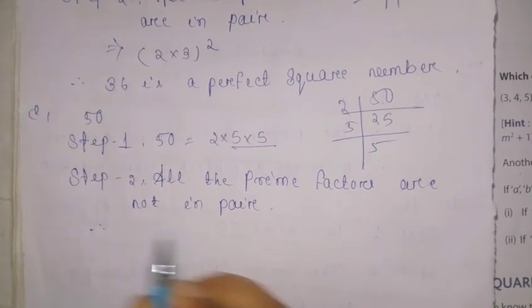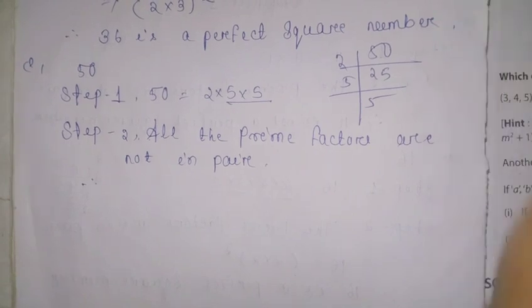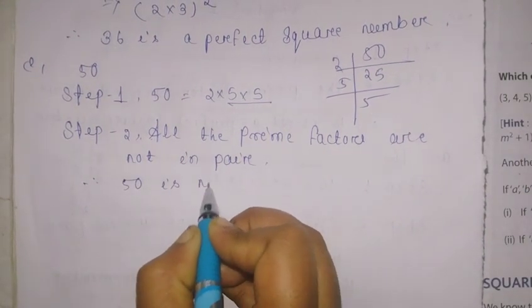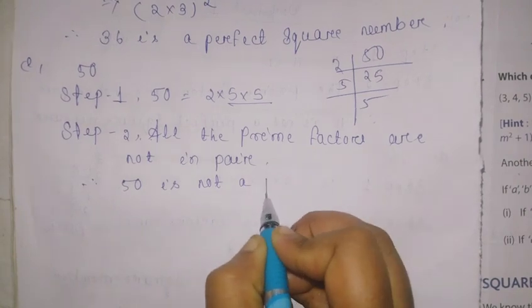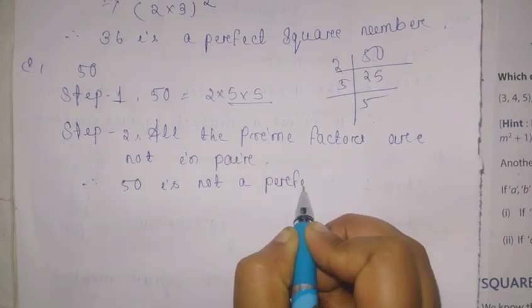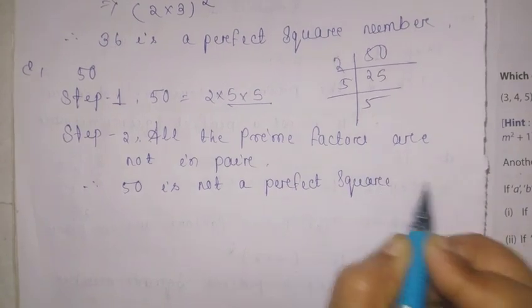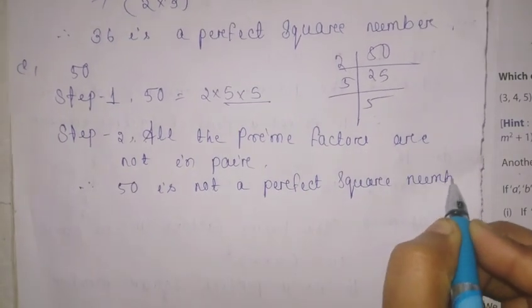So it is not a perfect square number. 50 is not a perfect square number.